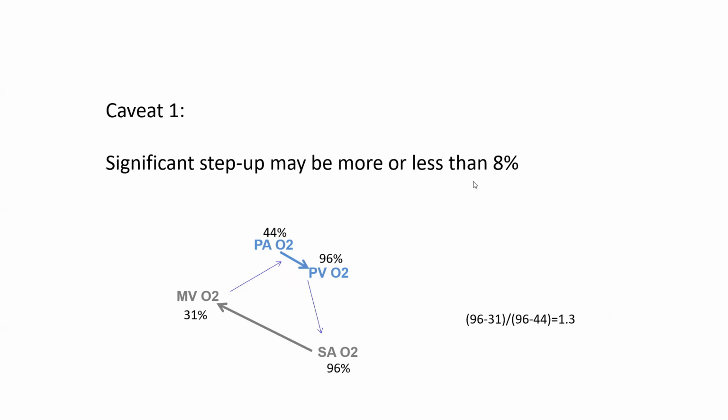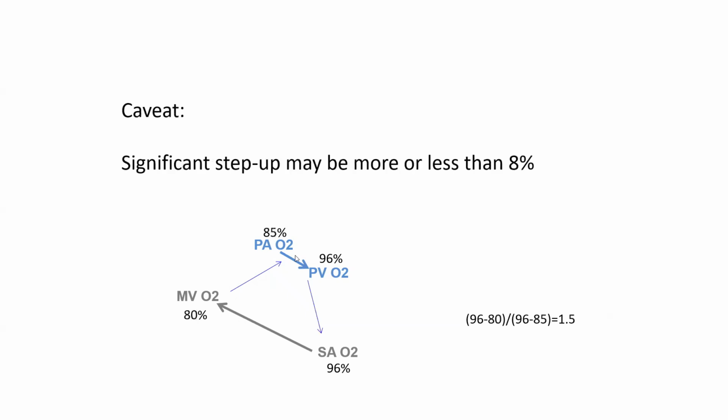The idea with the 8% that we're picking up is that we're trying to capture significant shunt. We're not trying to capture insignificant, hemodynamically insignificant shunt. Well, this is a case where 13% translates into a hemodynamically insignificant shunt. Conversely, take the other way around.